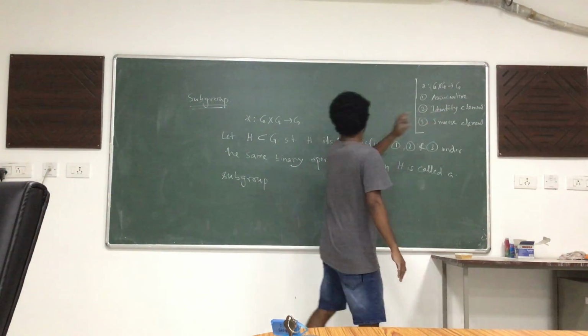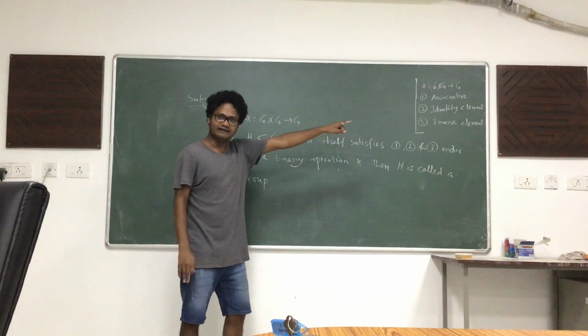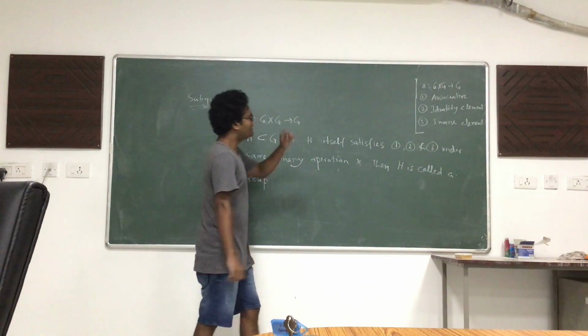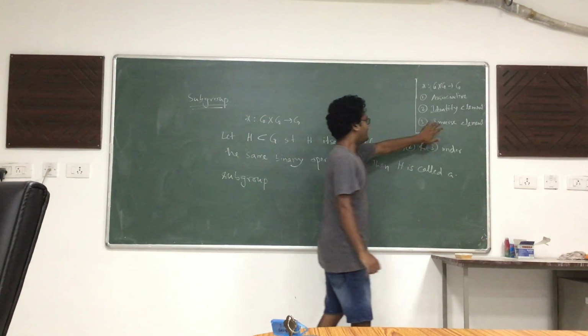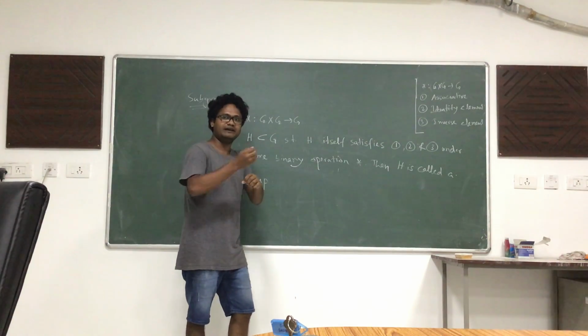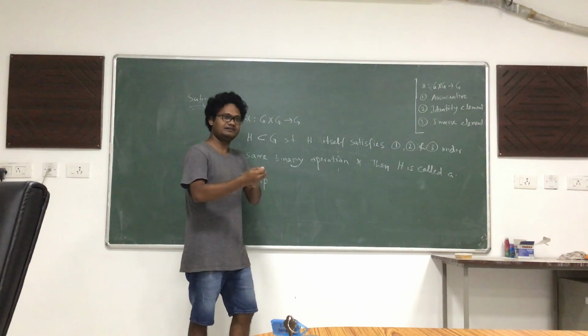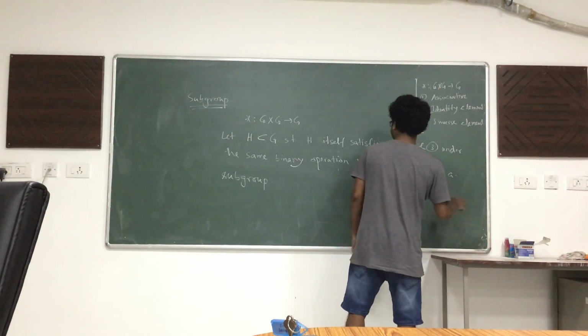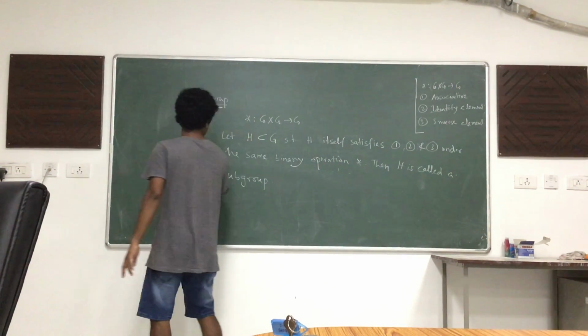But H must include the identity element. Any subset of G will not work. It must include the identity element, and every element we take in H, if we can include its inverse, then it's already a subgroup. So we have to check all these three properties under the same binary operation.